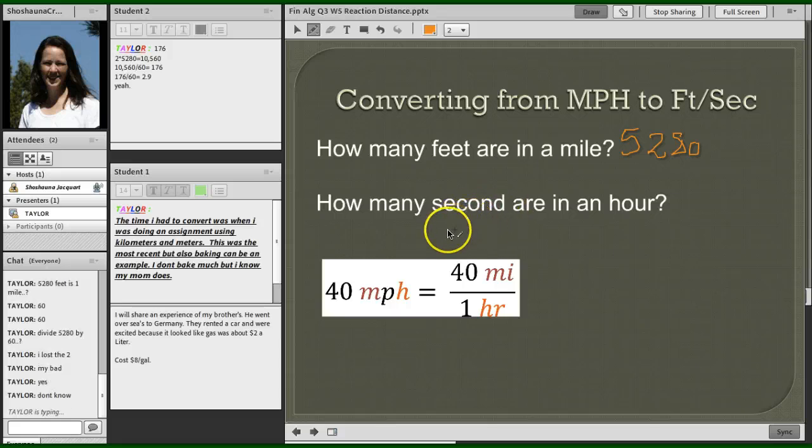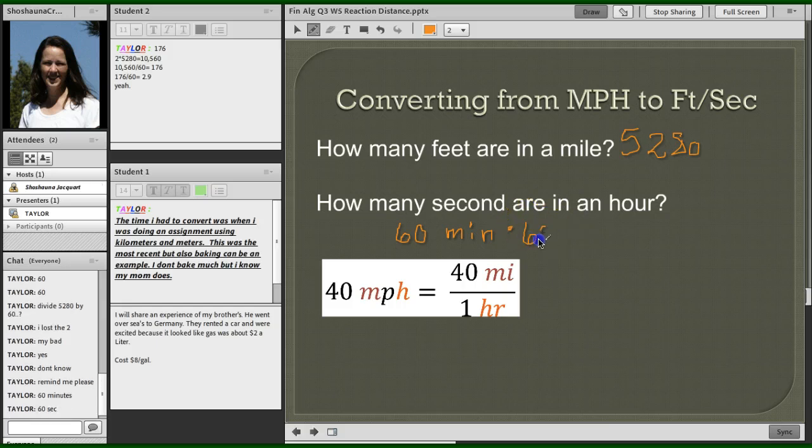Okay, so what we do is, how many minutes are in an hour? Good. And then we're going to multiply that, because each minute has how many seconds? So there are 3,600.